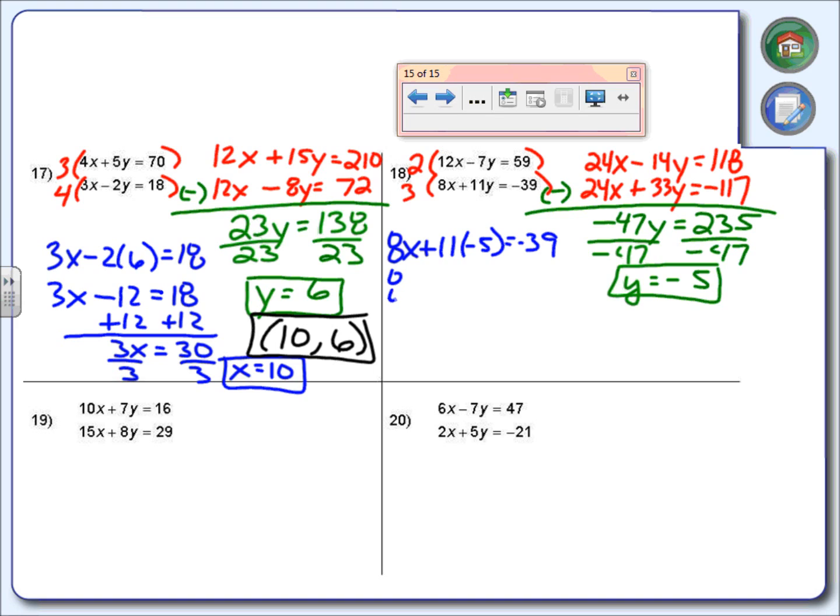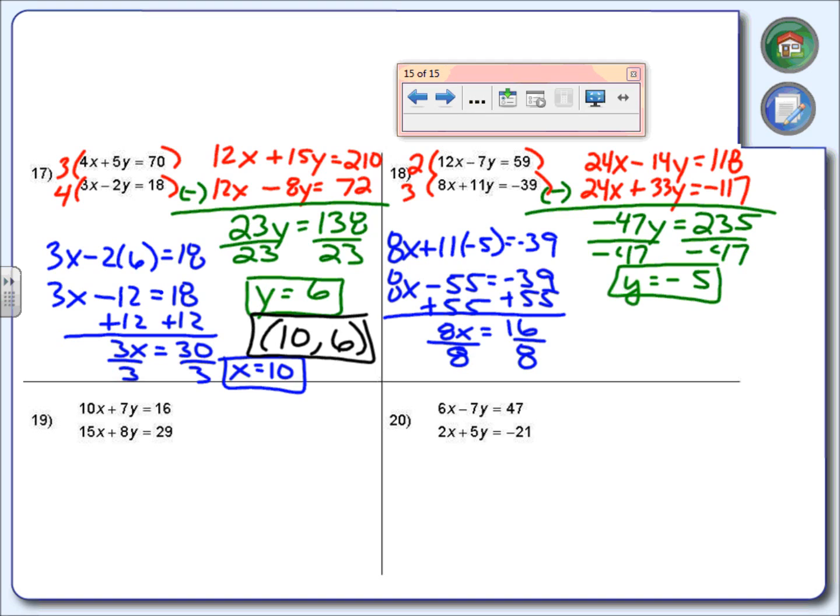So let's go ahead and multiply. 11 times a negative 5 is a negative 55. Add 55 to both sides. Negative 39 plus 55 is, what is that? 16. We're almost there.